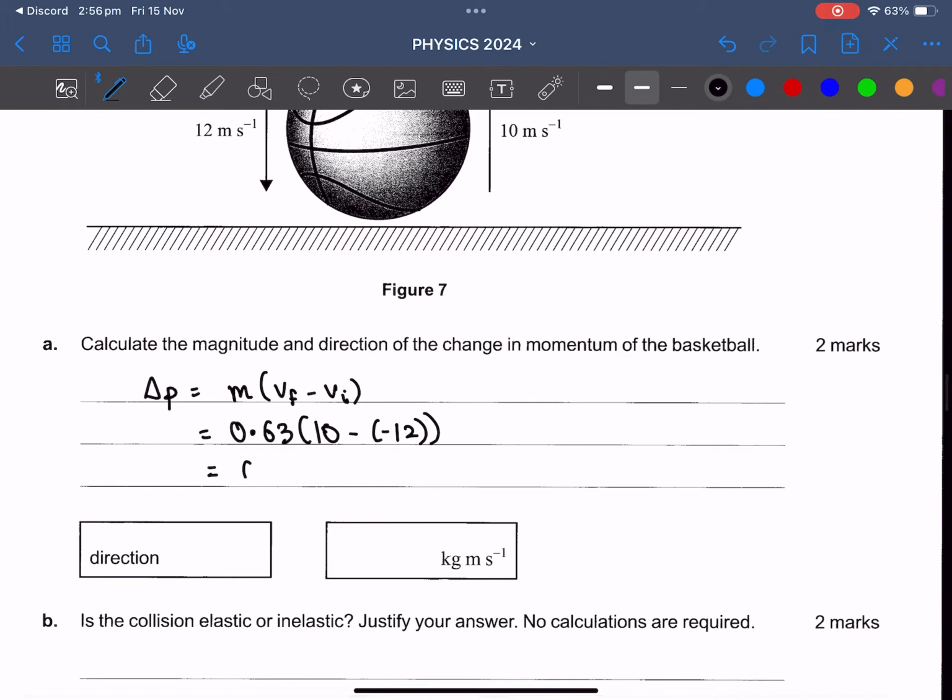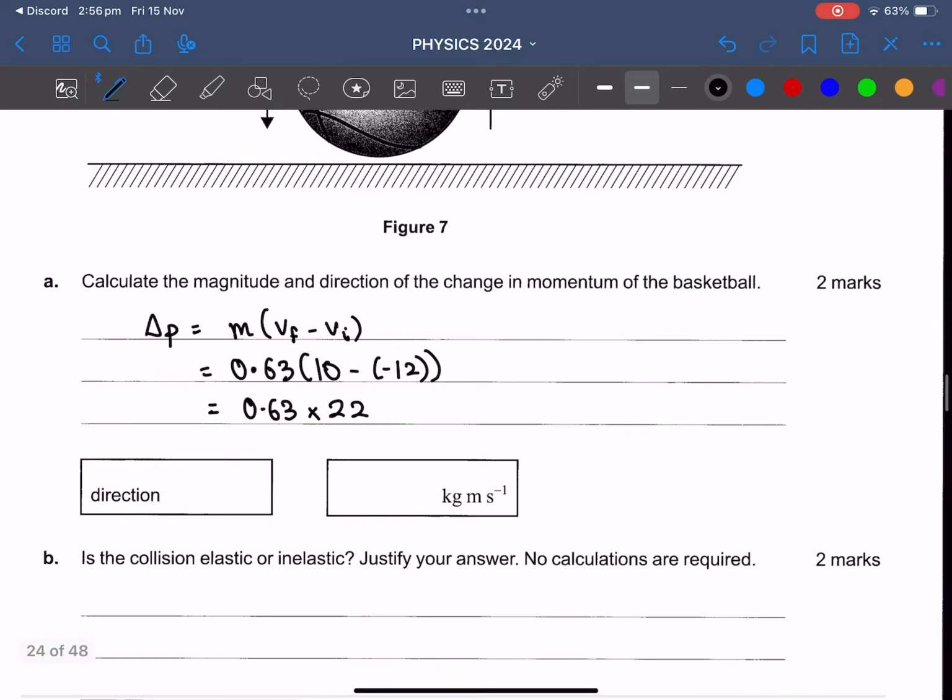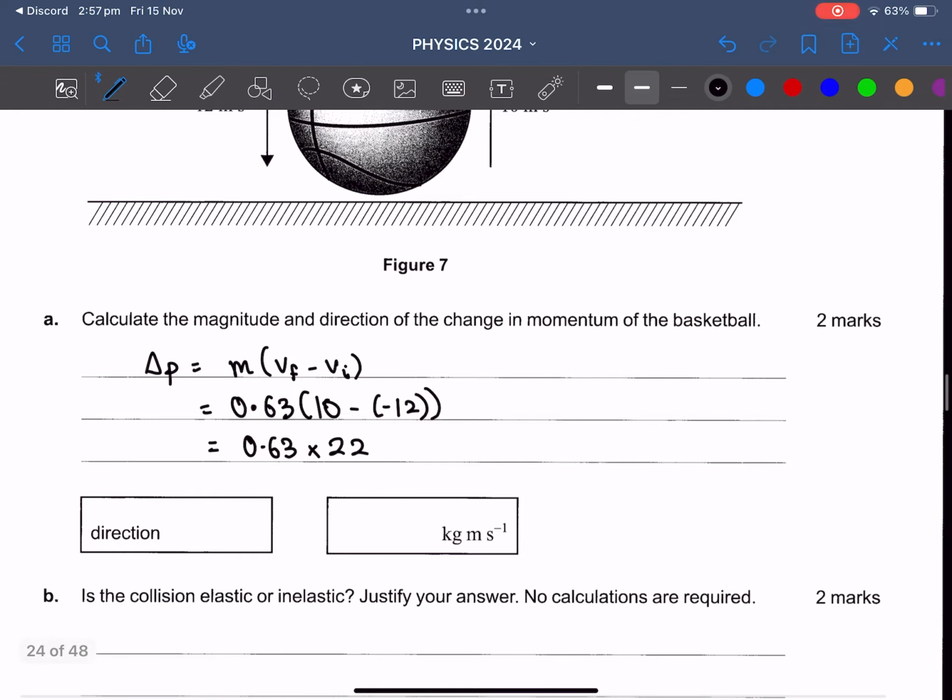And this would be 0.63 times 22. Putting that in my calculator, 0.63 times 22, I get 13.86 kilogram meters per second.